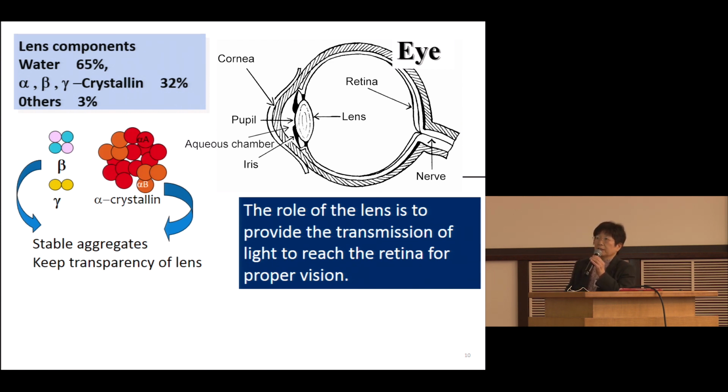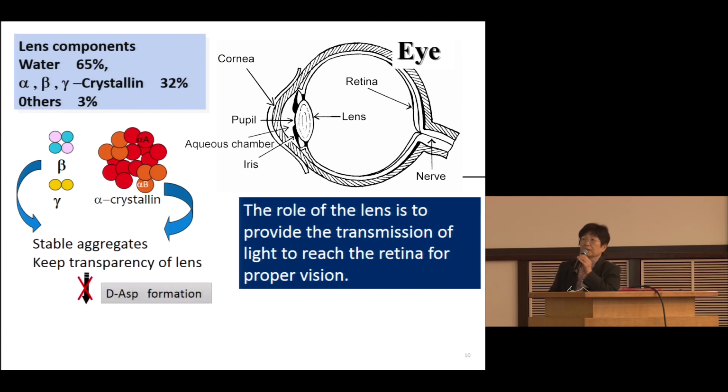Alpha crystallin interacts with the other crystallins, beta and gamma crystallin, to make stable aggregates and to keep transparency of the lens.